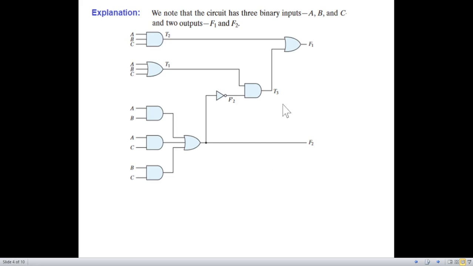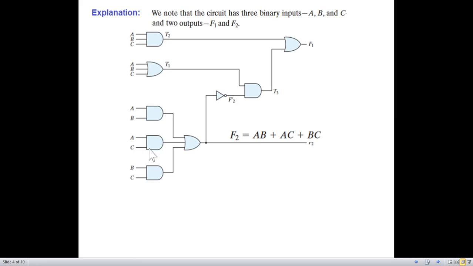Now, let's explain the circuit. We note that the circuit has three binary inputs, A, B, C, and two outputs, F1 and F2. Now, from the diagram, we can straight away write the equation for F2, and let's see how. The output of this AND gate will be A and B, like shown here.